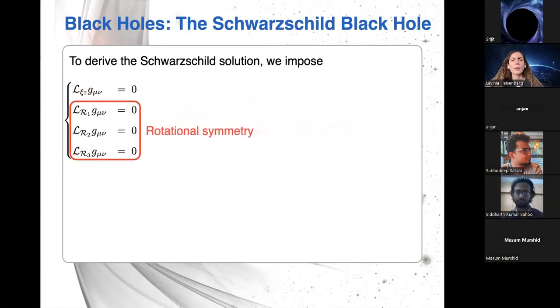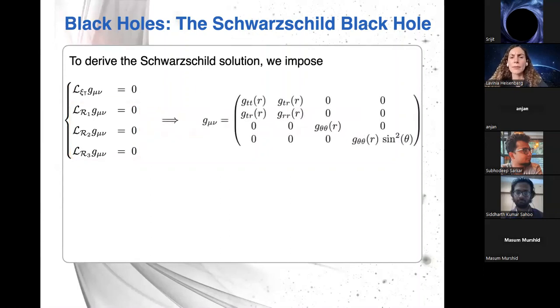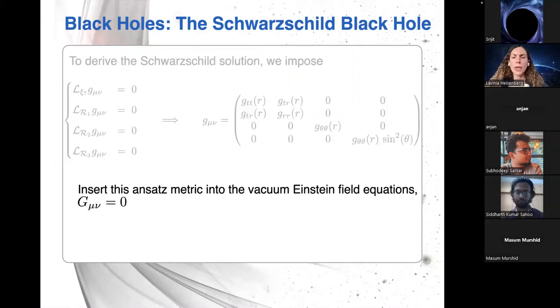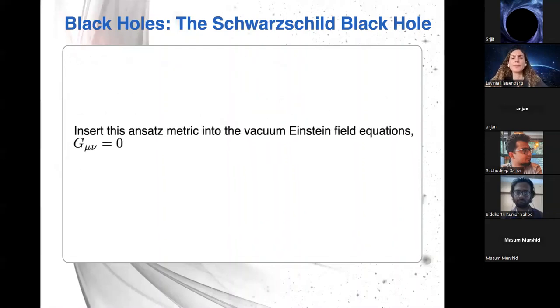The other ones, as I mentioned, are rotational symmetry. When you impose these conditions on your metric, it has to have a very specific field configuration. As you can see, only certain components survive and they have only R dependence. Then you can insert this ansatz into Einstein's field equations.